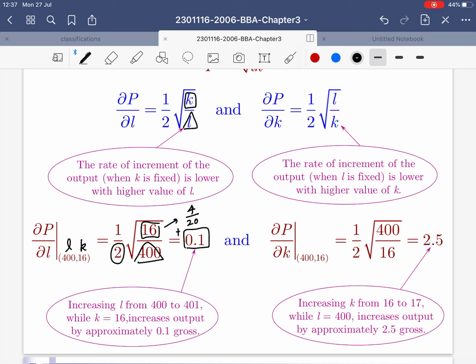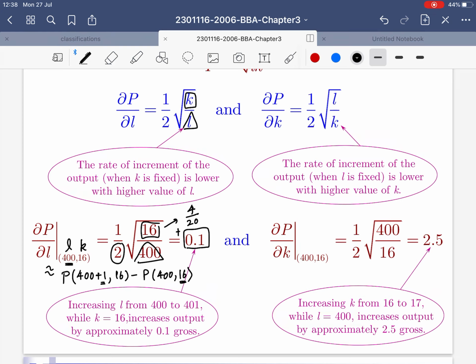So what does this mean? Don't forget that this one is a what? Let me just write down again. It is a good approximation of the difference of production as you increase your L by 1 unit, and your K is fixed at 16, compared with the original production where your L is 400 and your K is 16.